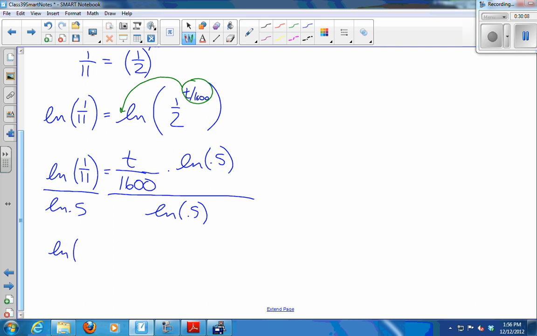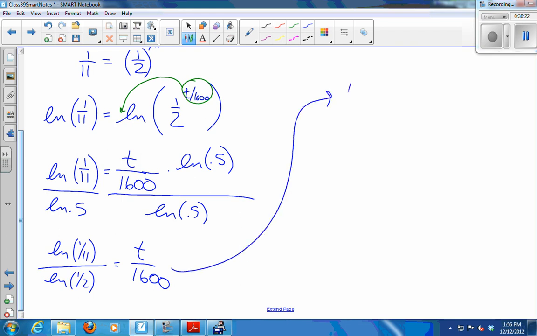And I get ln of 1/11 over the ln of 1/2 equals t over 1600. And then multiply both sides by 1600. So my exact answer would be the ln of 1/11 divided by the ln of 1/2 times 1600.